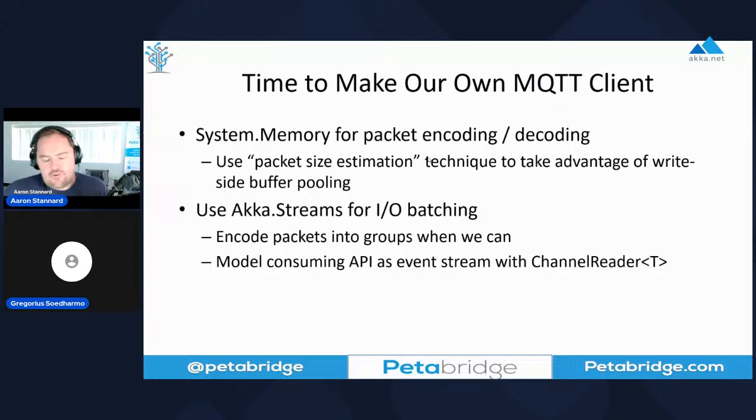The other thing we decided to do is that most of the MQTT clients in .NET, we actually evaluated a second one in addition to MQTTnet, they both use old school event handlers in C# for notifying the client when a packet's available for processing. I thought that's kind of dated.